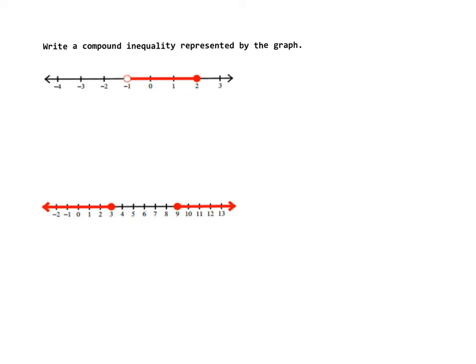So we're going to write x in the middle, and x has to be less than or equal to 2, right? Because it has a closed circle over here, and it's less than 2, but then it has to be greater than negative 1. So what I have is negative 1 less than x less than or equal to 2.